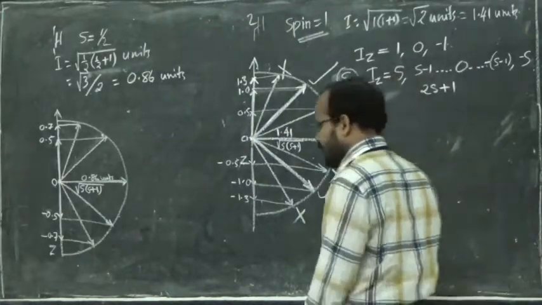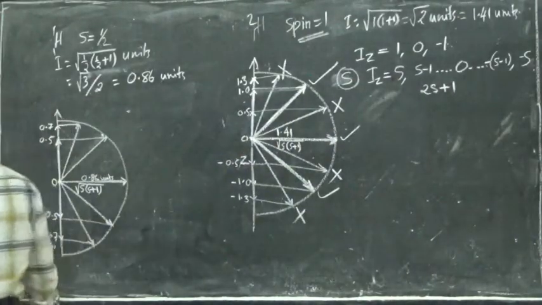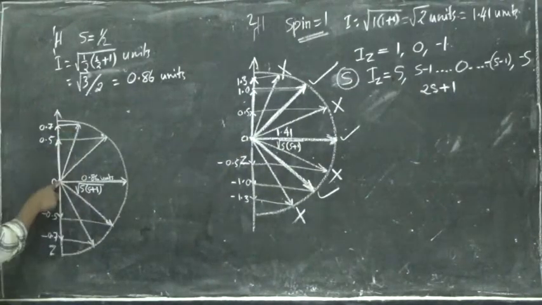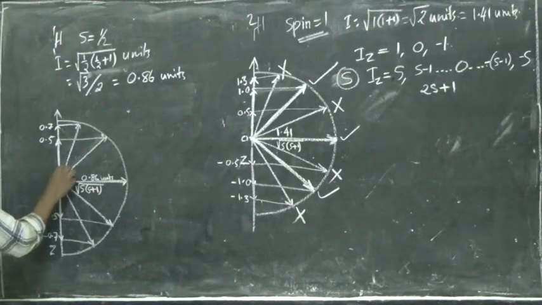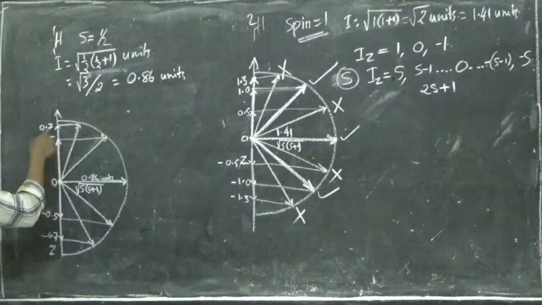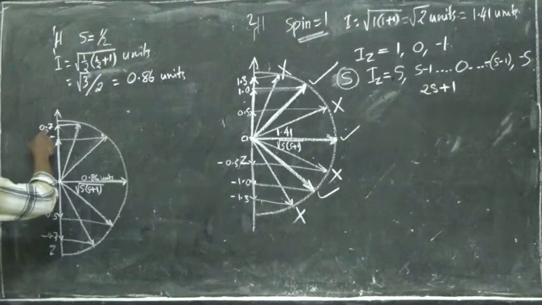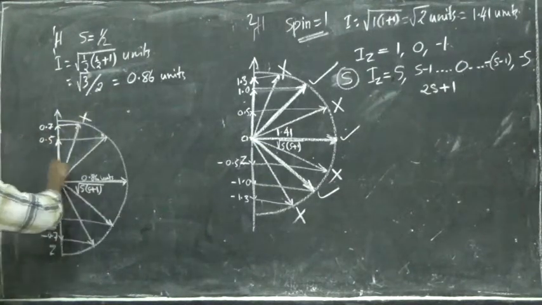So we can check which components are half integral. The first orientation has component 0.7, which is not a half integral unit, so this possibility is ruled out.